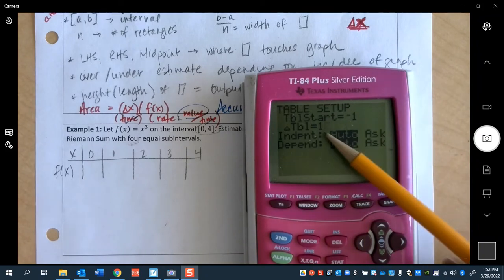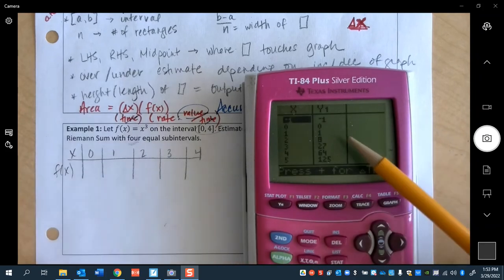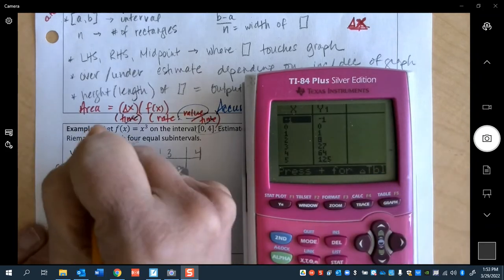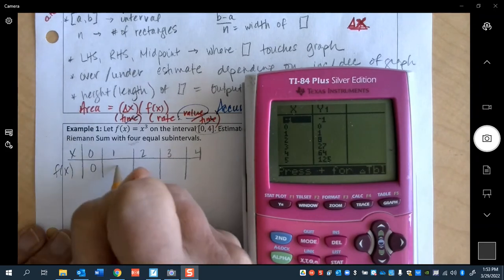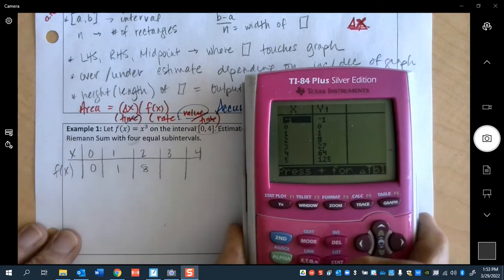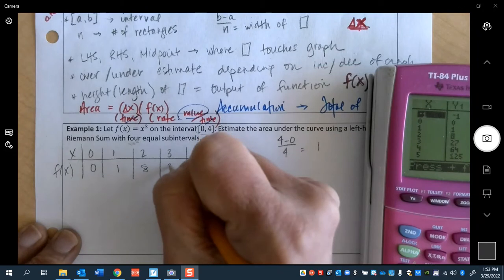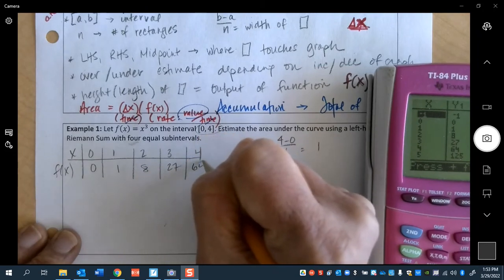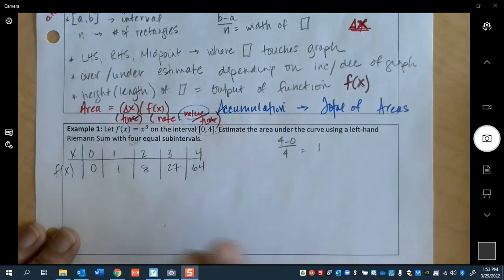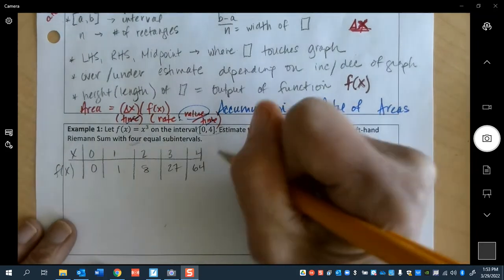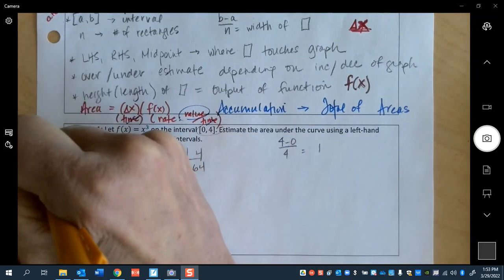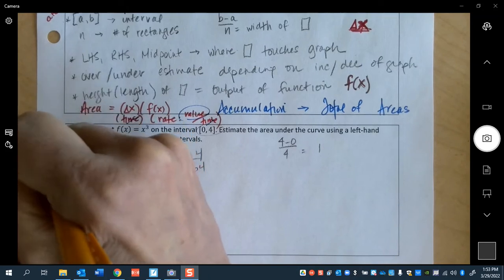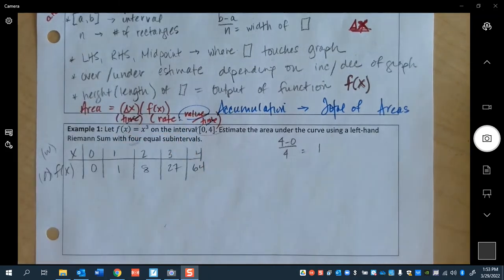If you needed to go up by 0.5, you can enter in 0.5 here. When I go back to my tables, of course, 0, 1, 8, 27, and 64. So just so you know what you're looking at, this is your width, and this is your height or your length of your rectangles.